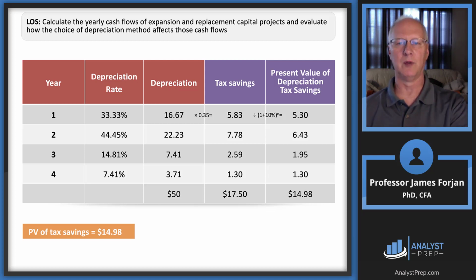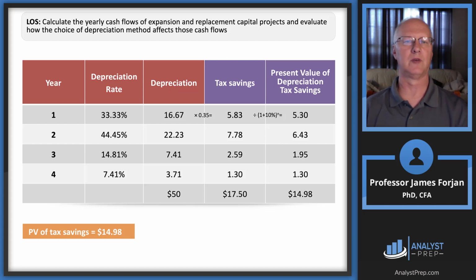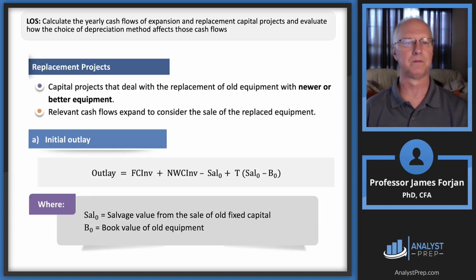And of course, the way we did this here on this slide is we just divided by 1 plus the interest rate, which was given as 10%. But of course, you could use your cash flow buttons, cash flow 1, 583, cash flow 2, 778. You could do that and then just hit net present value.